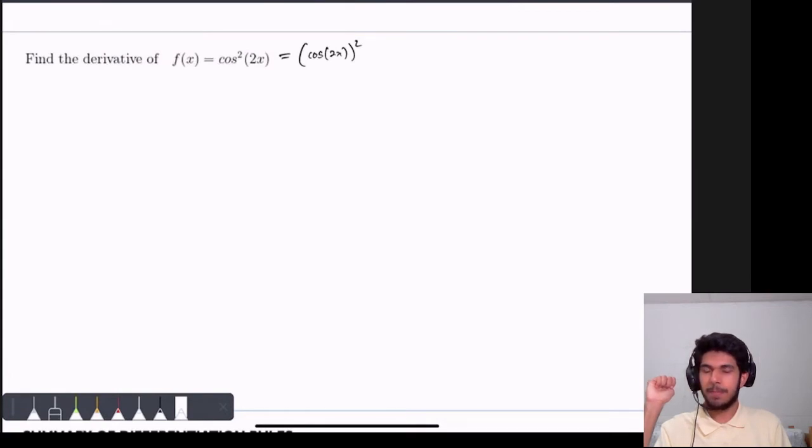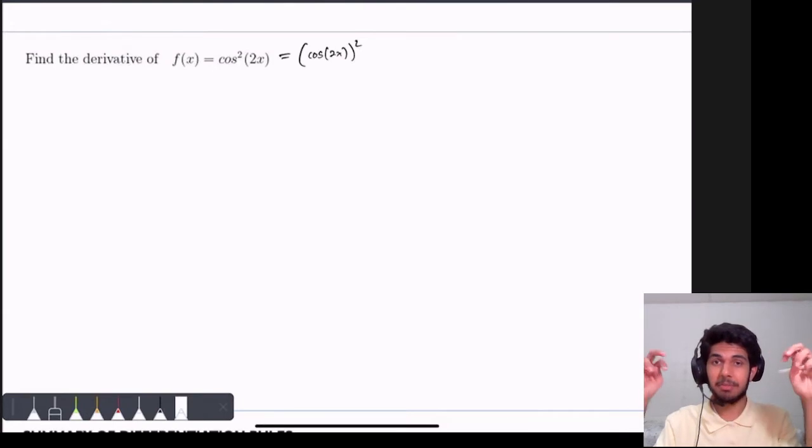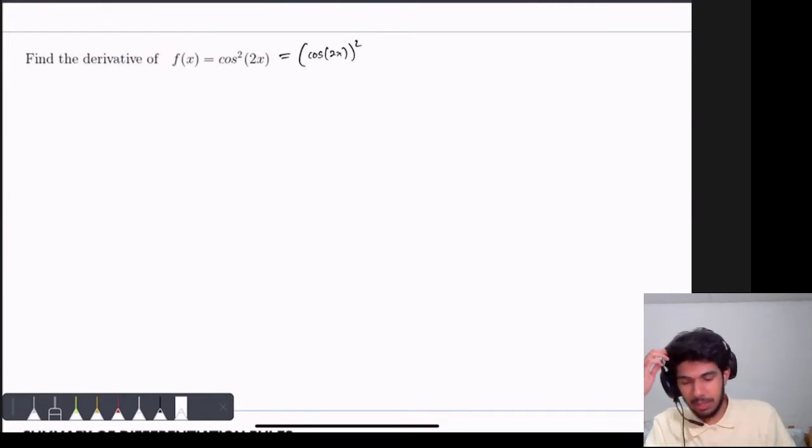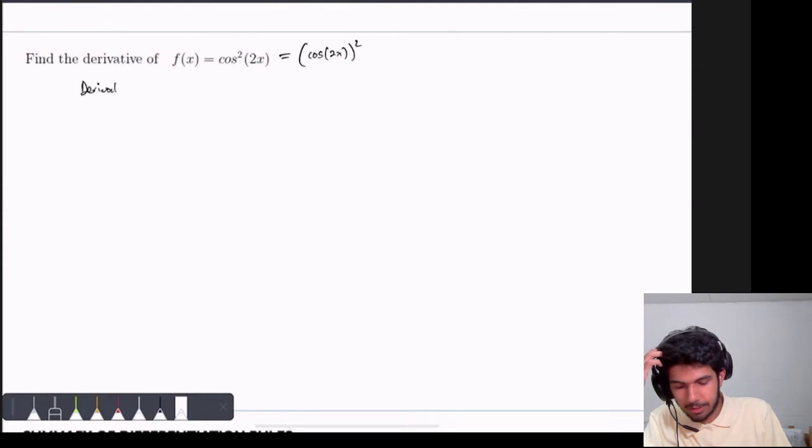So what would be the outside? In the last problem, the outside was the cosine, right? Because the cosine was being applied on the 2x. But now our outside is the squared term. Something is being squared. So let's take the derivative of the outside.